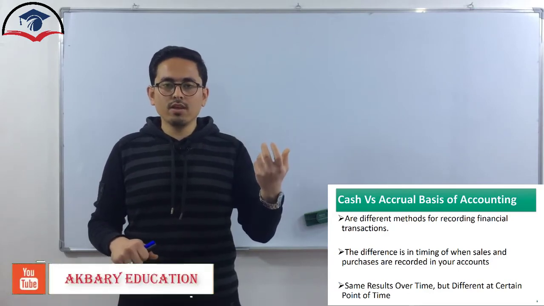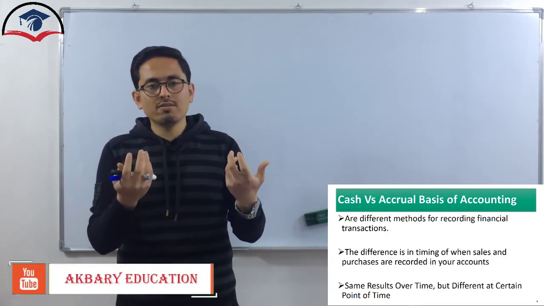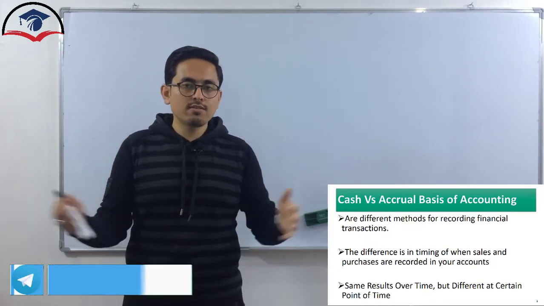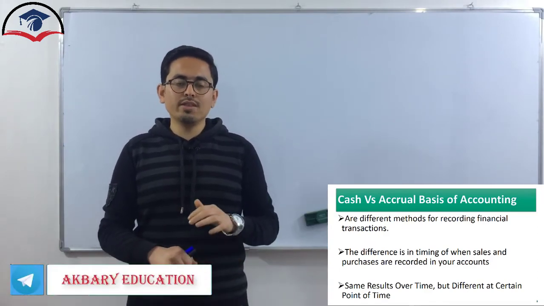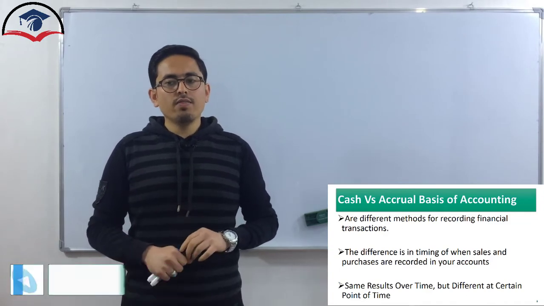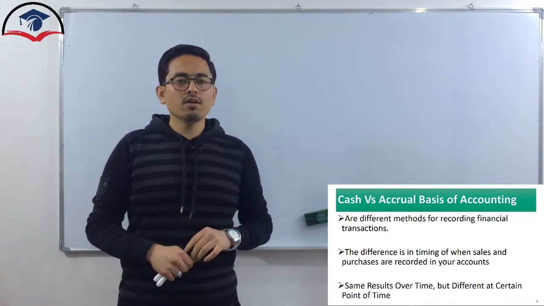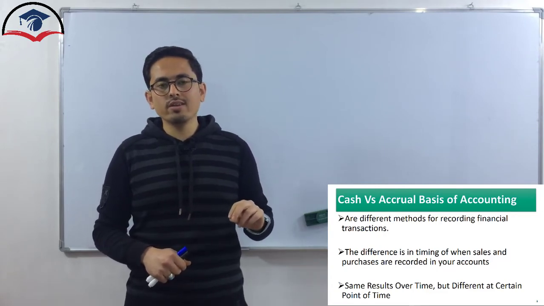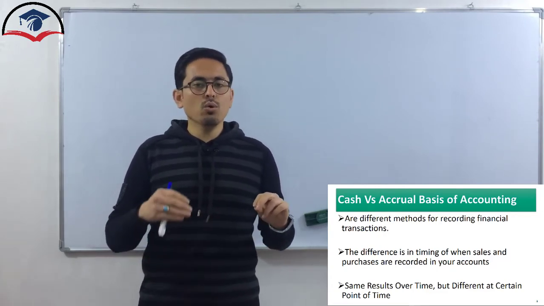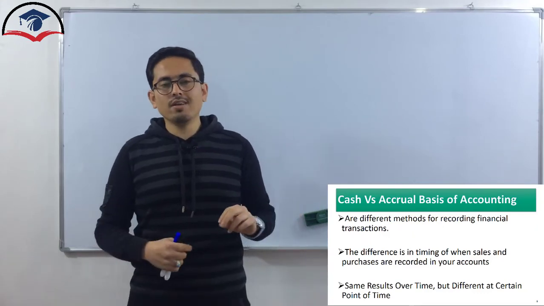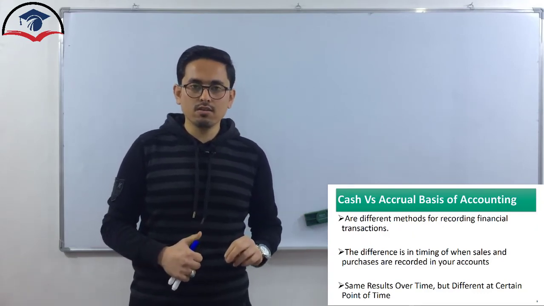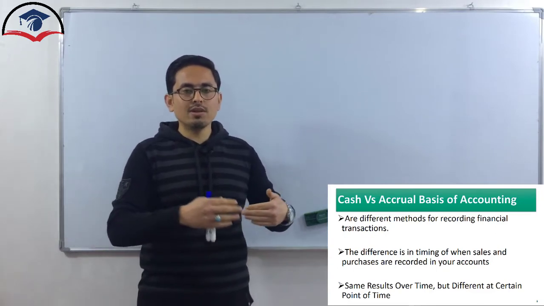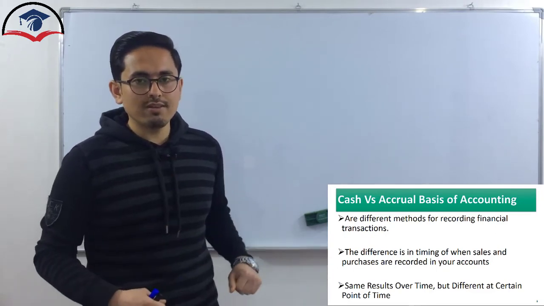One will say one thing and another will say another, and they will manage the financial system of the company on that basis. The differences arise in the timing of when the sales and purchases are recorded and when you receive the cash or actually pay the cash for expenses incurred. But one thing is clear: after a period of time the result should be the same.